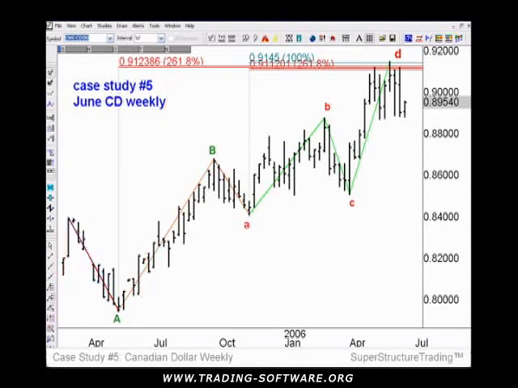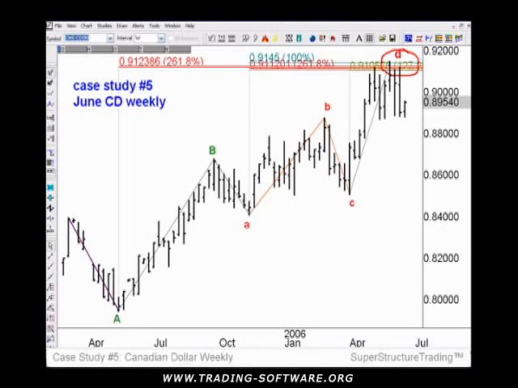Now finally, let's draw in the measure move extension of this little ABCD. I'm going to click once at A, up to B, and I'm going to drag it down to C. Here we see the 1.27 measure move extension of this little ABCD unfolding right in the same neighborhood. Amazing. That's where the buck stops.